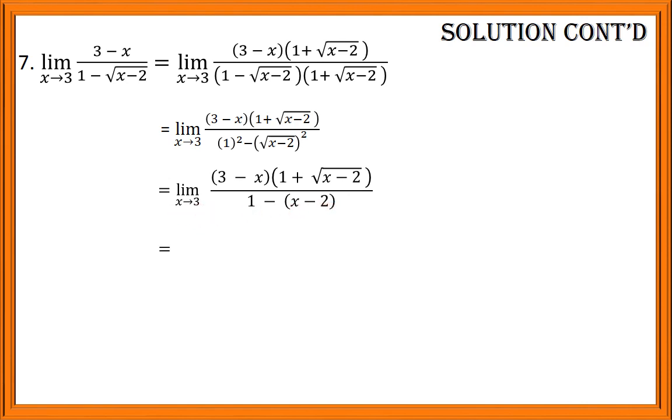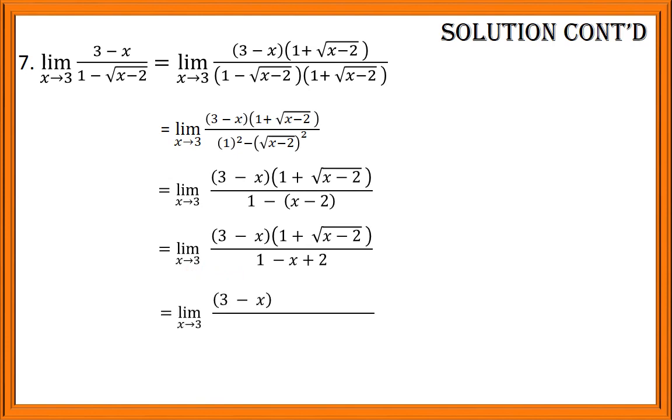So when we expand the bracket, we now have 3 minus x multiplied by 1 plus root of x minus 2 all over negative 1 by x gives us negative x. Negative 1 by negative 2 gives us positive 2, as x approaches positive 3.